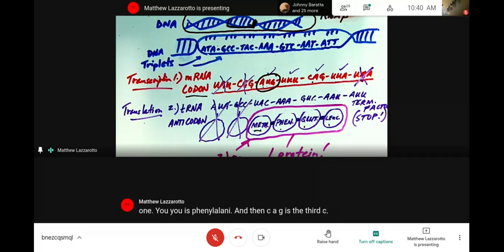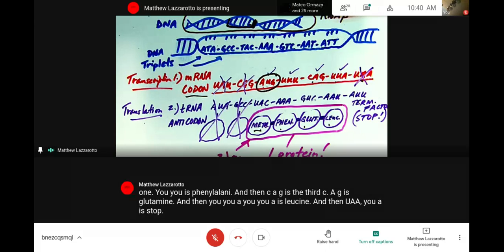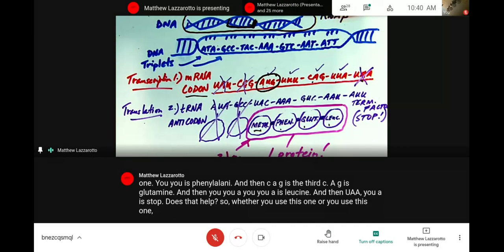CAG is glutamine. And then UUA is leucine. And then UAA is stop. Does that help? So whether you use this one or you use this one, they should give you the same answer.